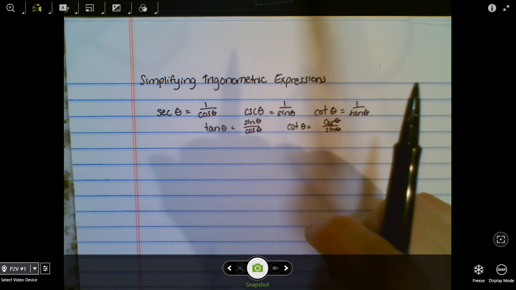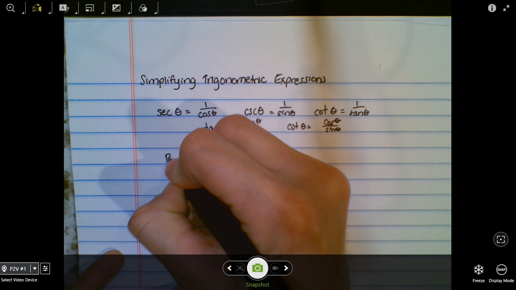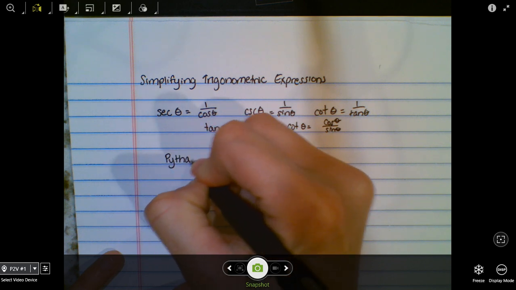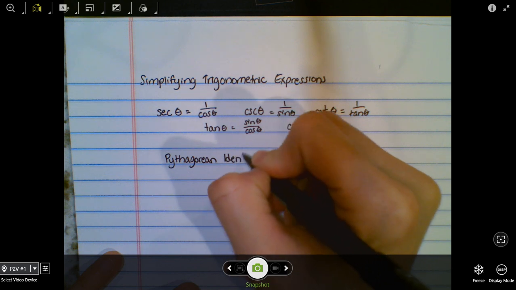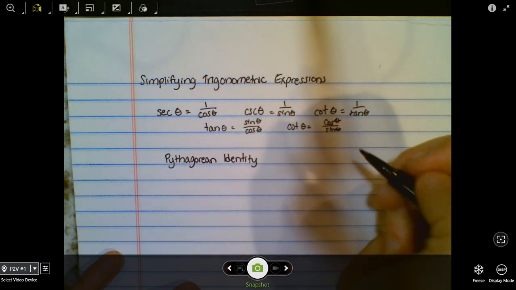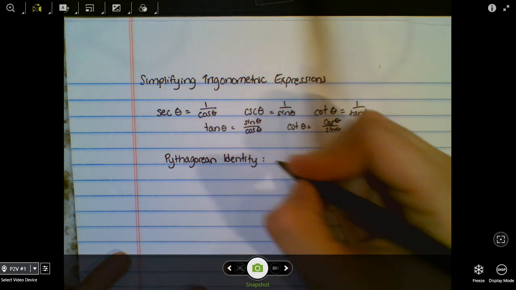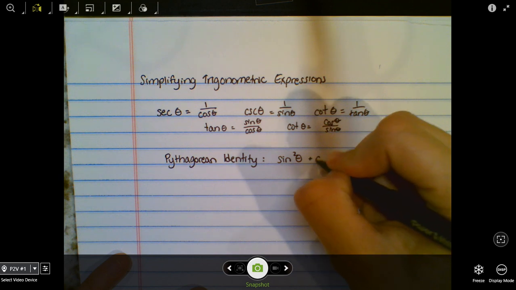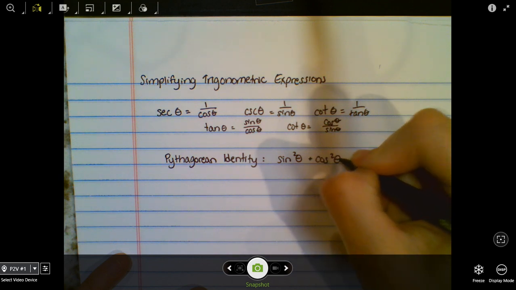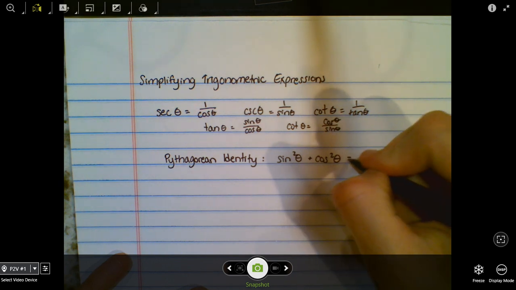Now, there is one extra relationship that's called the Pythagorean identity. And you'll learn more in pre-calc next year why this is actually called the Pythagorean identity. But the identity is that sine squared of an angle plus its cosine squared equals 1.